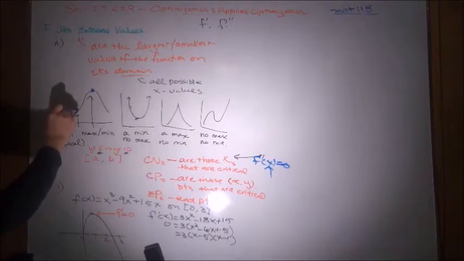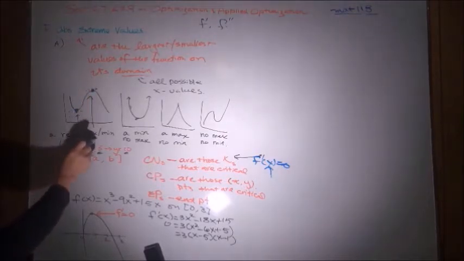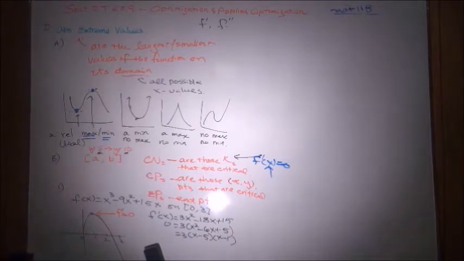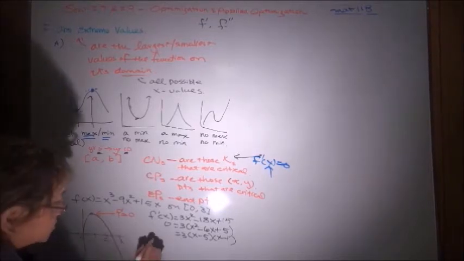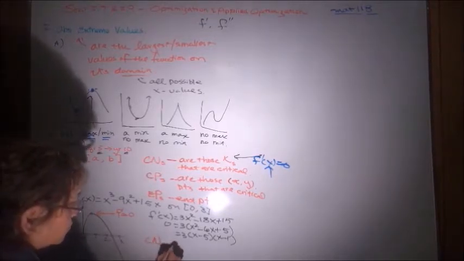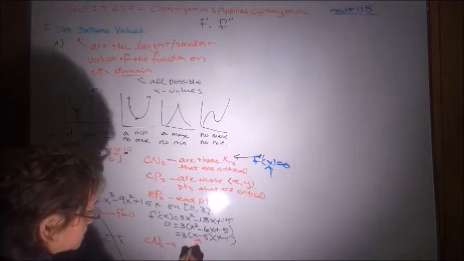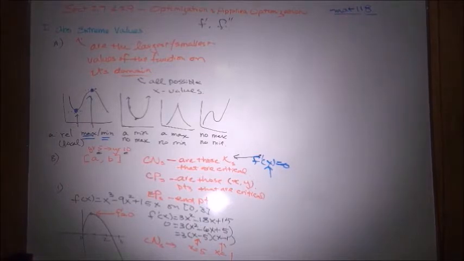But it can be a maximum or minimum at the time, right? So what do we have? Our critical numbers will be x is 5 and x is 1. So during year 5 or year 1, you have a critical situation.